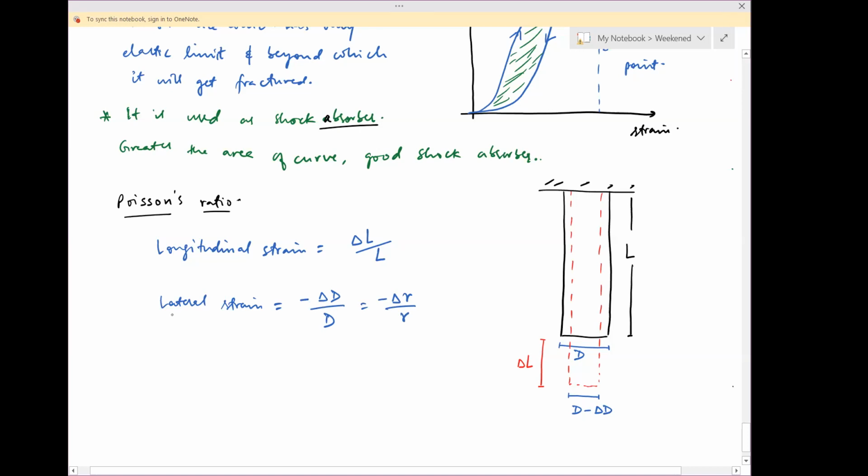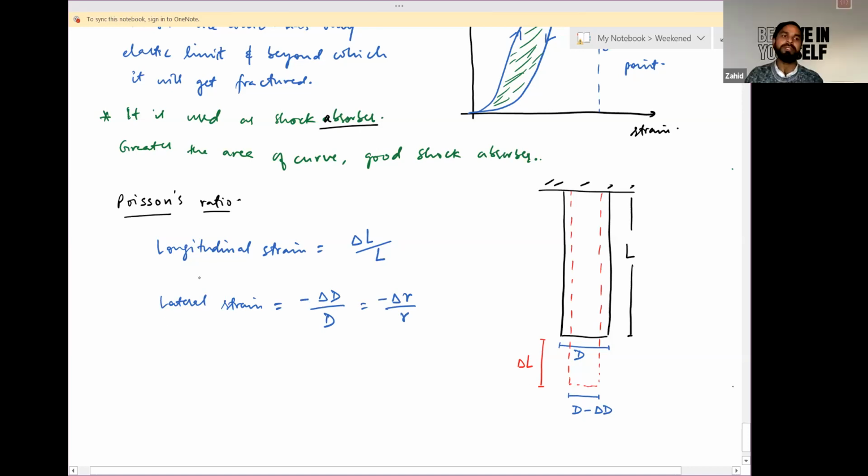Yeah. So the ratio of these two deformations produced in this solid is called Poisson's ratio, which is denoted by sigma. It will be lateral strain divided by longitudinal strain, or you may write it as delta D divided by D over delta L divided by L, with a negative sign.